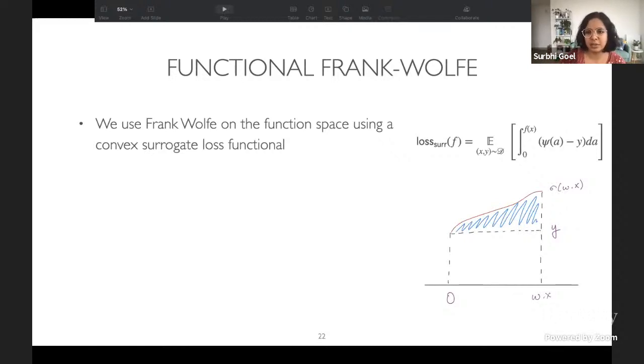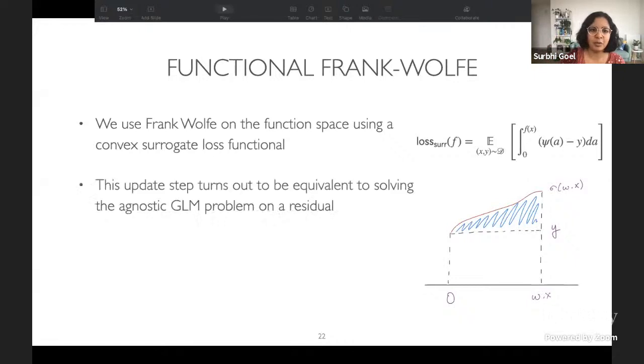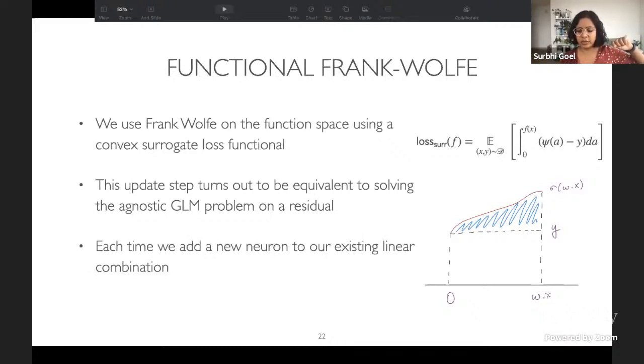And this is what the surrogate looks like. I'm not going to go too much into detail, but this is the known surrogate from the 80s for these kinds of problems. The update step in the middle just turns into solving this agnostic GLM problem on the residual. So each step you fit a new neuron, and you add it to your function, and then you get some residual of how well you fit until now, and then you fit another neuron to that, and you can keep doing this.